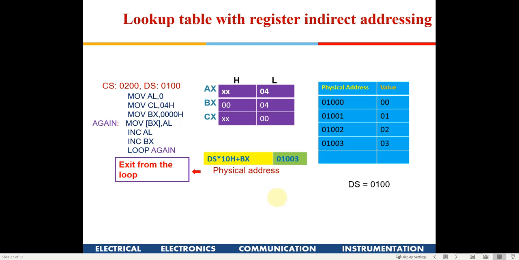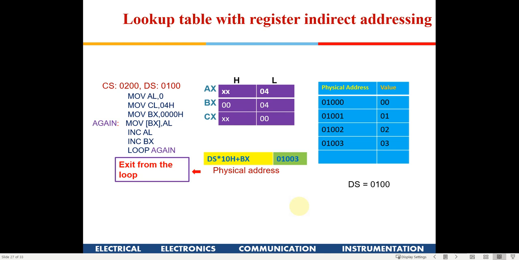This is just an example of a small program. Whenever we write a loop instruction in assembly, only the CX register is used for the looping value, sir? Yes, correct. The cl will be continuously decreased automatically.